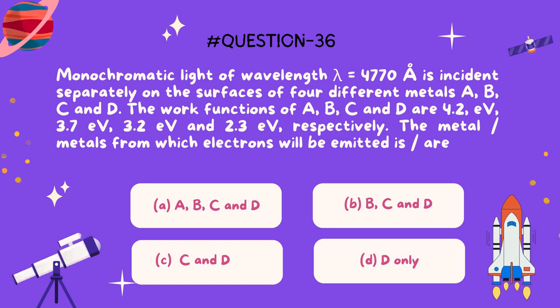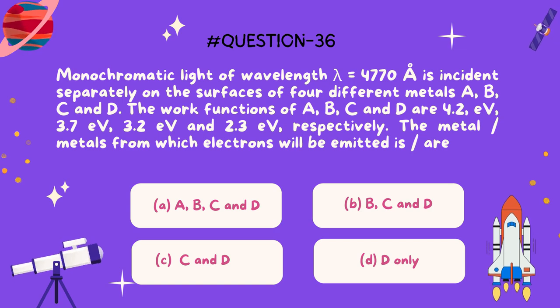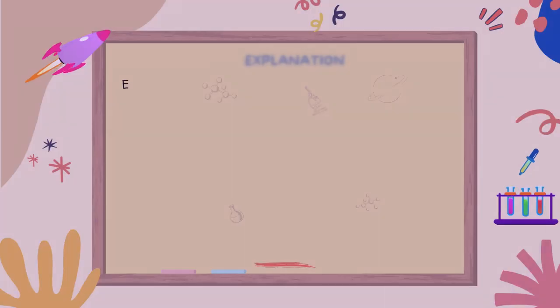The metals from which electrons will be emitted are: A, B, C, and D. B, C, and D. C, D only. Correct answer: D only.